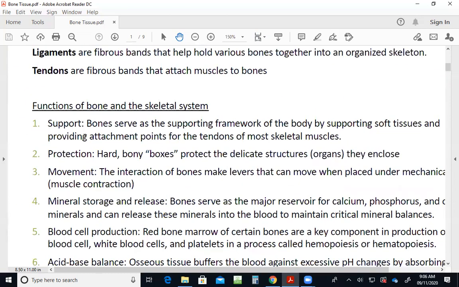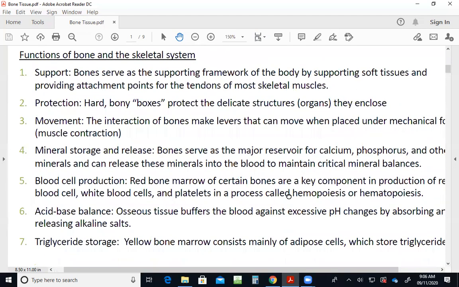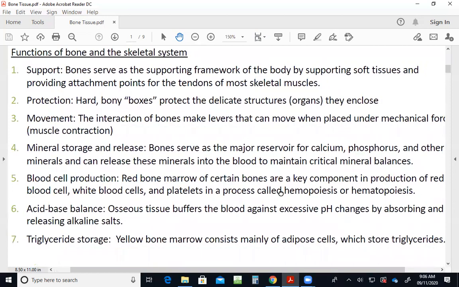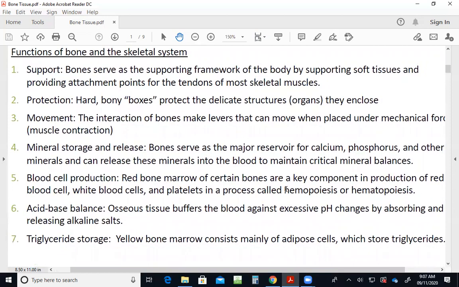Tendons are fibrous bands that attach, and the key phrase there, the easy way to remember it, is muscles to bones. Similar structures, very strong, kind of cord-like, but they hold two different things together: bones to bones for ligaments, muscles to bones for tendons. Overall, our bones and the skeletal system provide seven general functions.